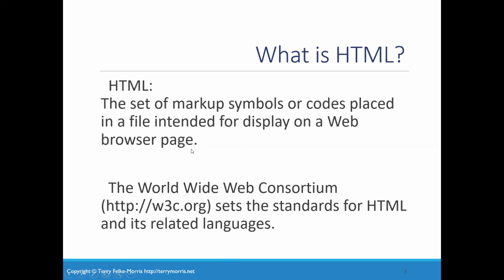We say HTML is a set of markup symbols, codes placed in a file intended for display on a web browser page. And the World Wide Web Consortium, W3C, sets all the standards for HTML.